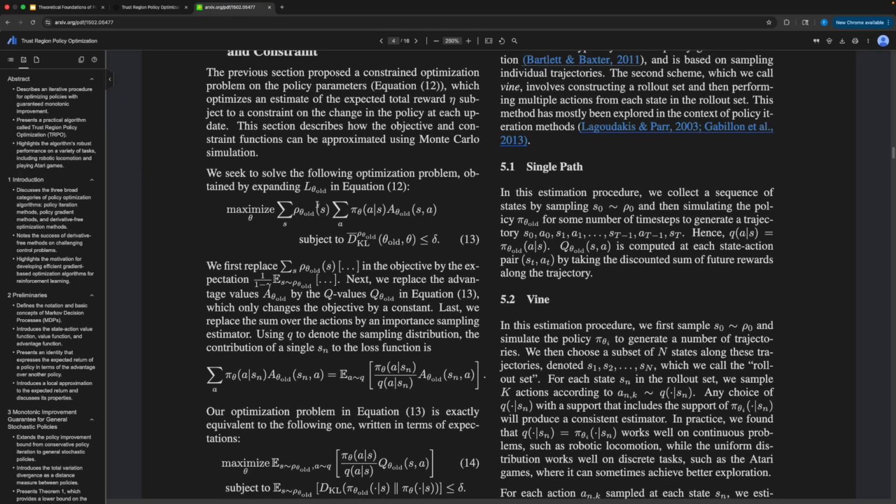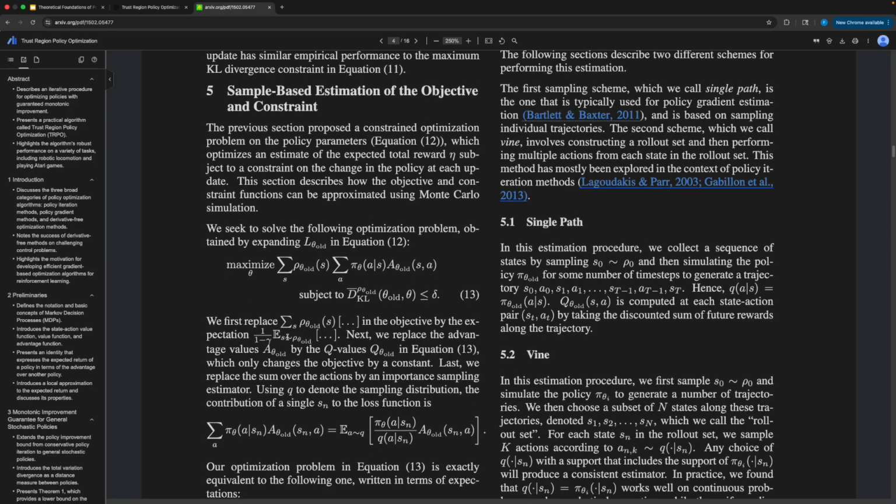So for sampling from all states, the unnormalized state visitation frequencies can be converted into an expectation over states sampled from rho of theta old by just another factor.